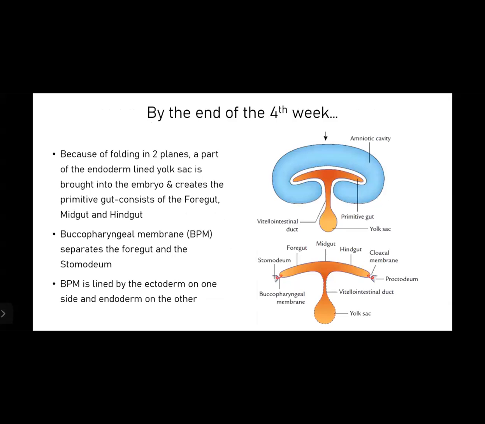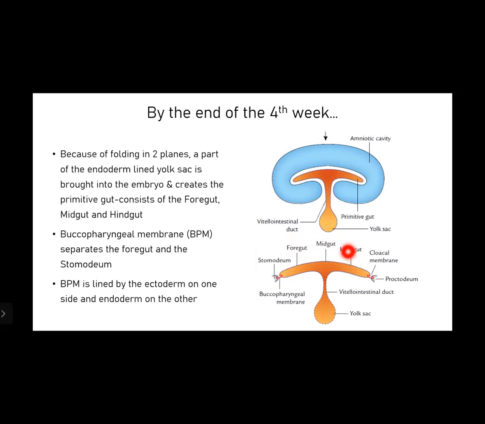Okay, so by the end of the 4th week, because of the folding in the two planes, a part of the endoderm-lined yolk sac is brought into the embryo, and it creates the primitive gut. This consists of the foregut, the midgut and the hindgut.